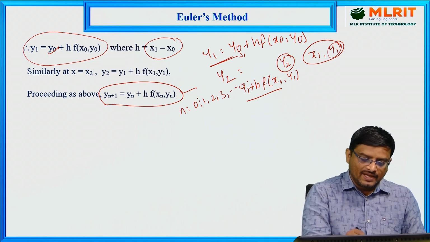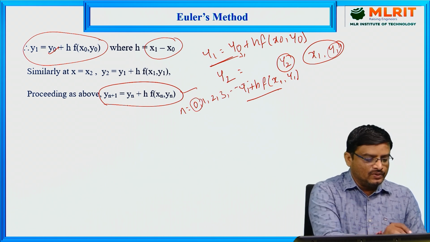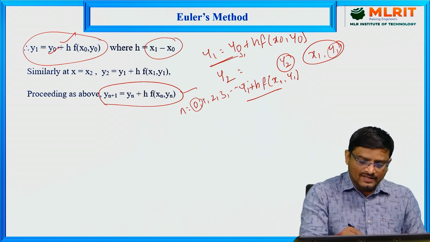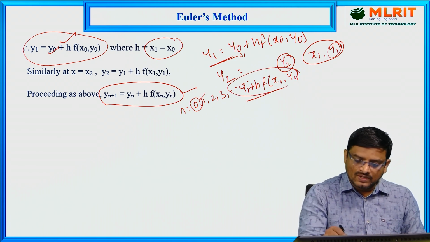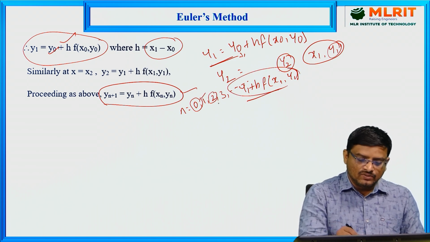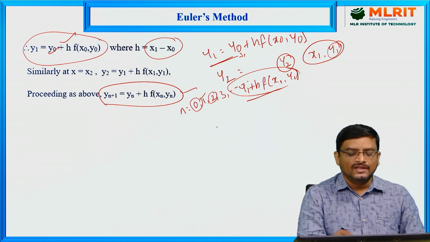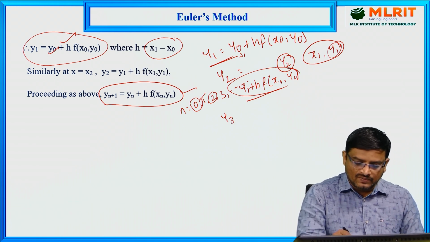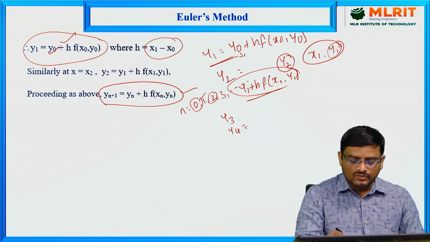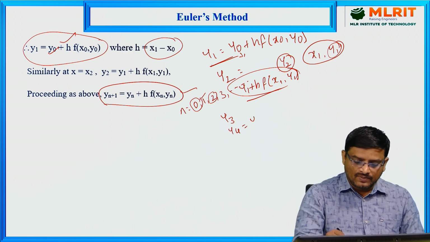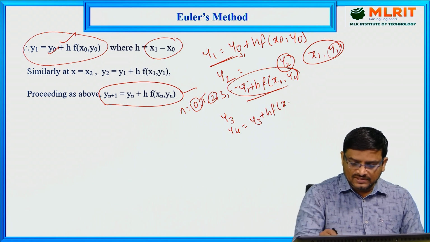So when we take n is equal to 0, we will get this formula. When we take n is equal to 1, we will get this formula. And similarly, when we take n is equal to 2, we will get another formula to find out the y3 value. And when we take n is equal to 3, we will get the formula to find out y4. That can be written as y3 plus h into f of x3 comma y3.